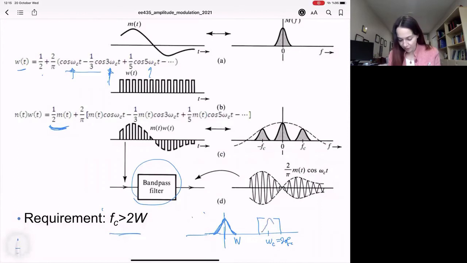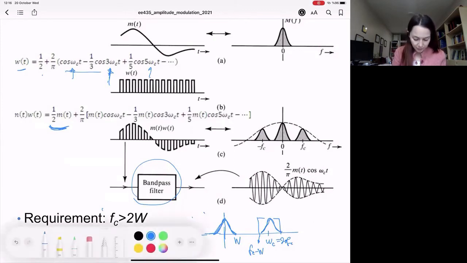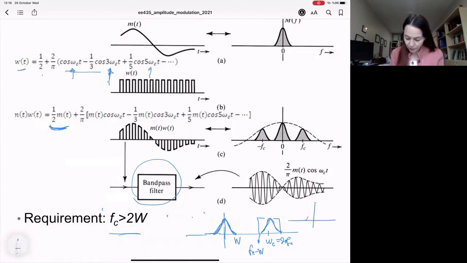Okay, so this is here. Now this point is fc minus W. We do not want fc minus W to be crossing W, because if fc was less than 2W, we would have these things adding up, which would cause loss of information.